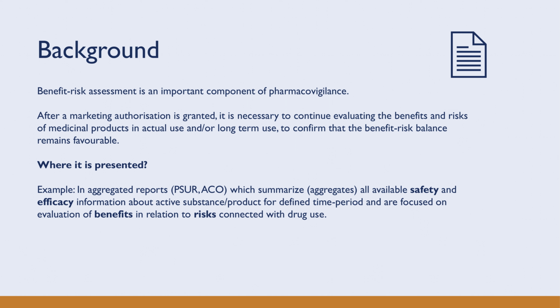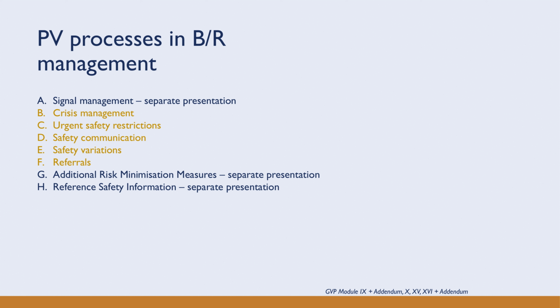This ongoing assessment is documented in aggregated reports like PSURs, Periodic Safety Update Reports, and ACOs, which summarize safety and efficacy information over defined periods. These reports focus on evaluating the benefits relative to risks associated with drug use, ensuring that patient safety is always a priority.